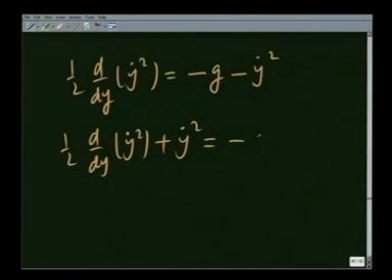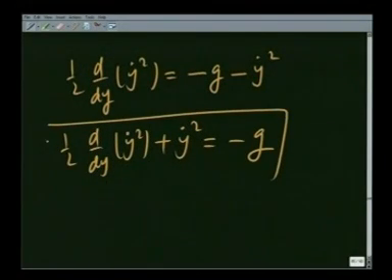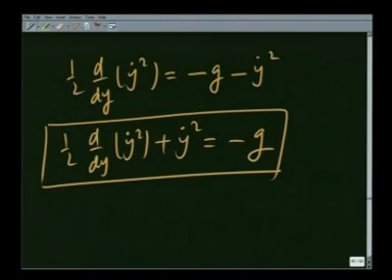And I have 1/2 d over dy y dot square is equal to minus g minus k over m y dot square, so 1/2 d over dy y dot square plus k over m y dot square equals minus g. I can solve for y dot square directly in terms of y.